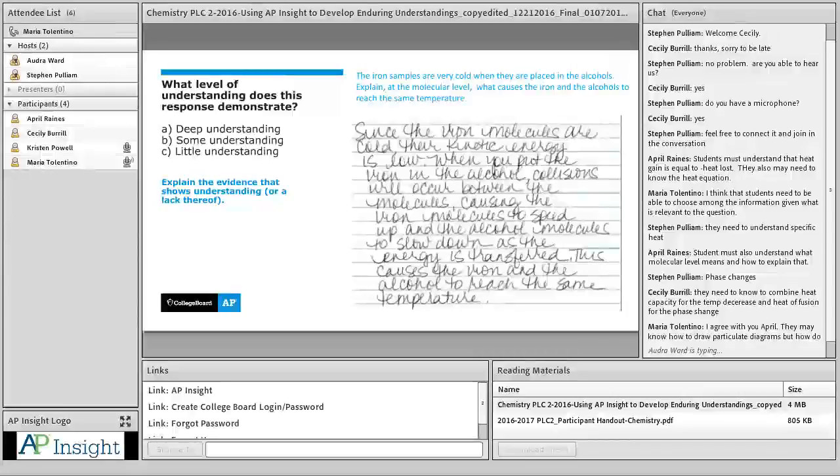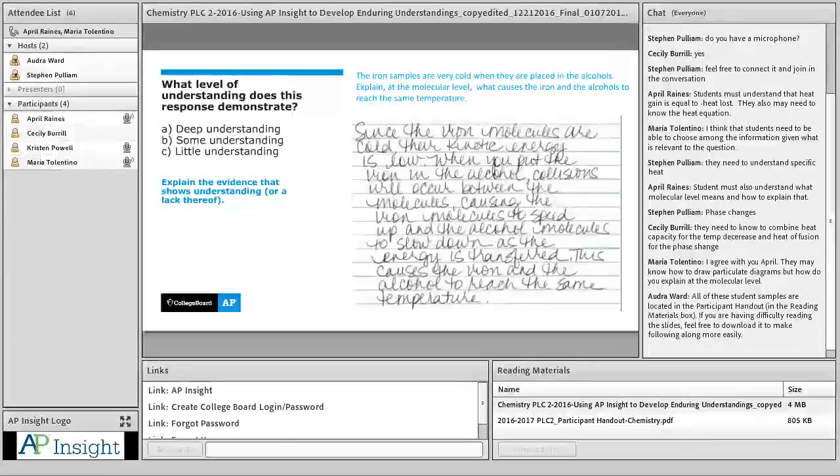Yeah, Stephen, I have another question about this being about the particulate level or molecular level. The way I've been teaching it in my class, usually when the question deals with particulate level or molecular level, you will have a picture of the ions, for example, the dissolving of sodium chloride, surrounded by water molecules. So when a student sees this particular question, they're thrown off.